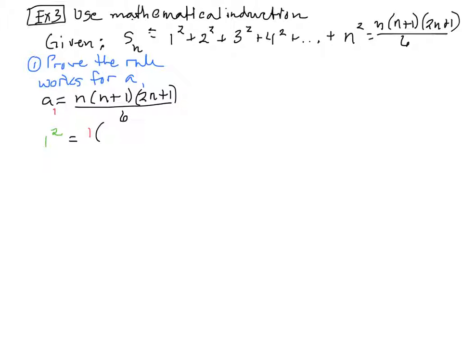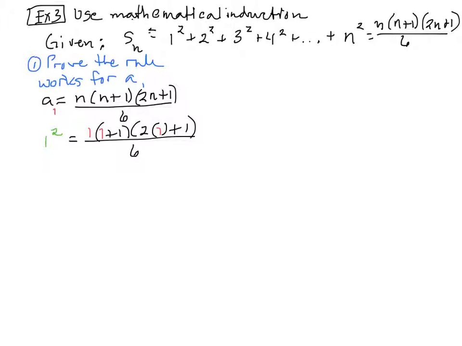So 1 times 1 plus 1 times 2 times 1. And yes, you have to have this step in there. This is a proof. More steps than less is always better if in doubt. People who don't like to show their work tend to miss a lot of points on this.